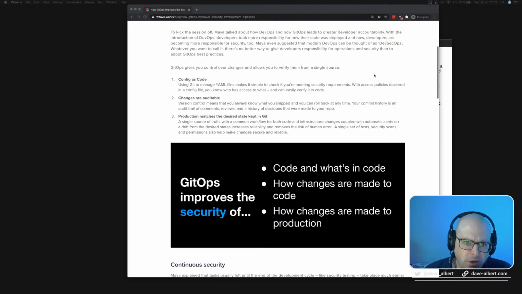Let's see, changes are auditable. Well, yes, that is one thing. Receiving the config from the environment is potentially less. Although I guess if your environment is actually part of your Git branch that you're deploying from, that's okay.